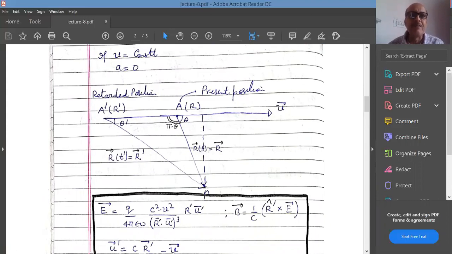P is the point of observation and A dash is the retarded position. The position coordinate of the point of observation from the retarded position of the point charge is R dash vector.